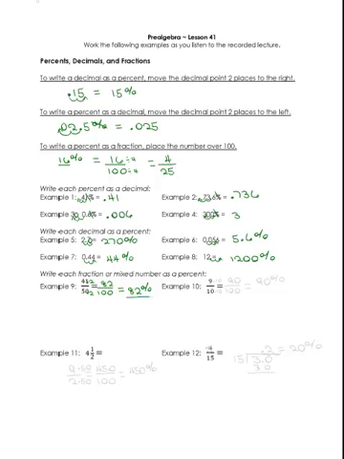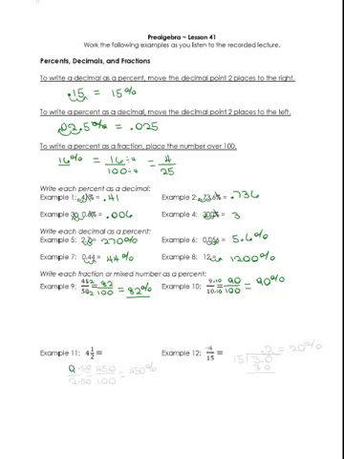Let's try number 10. Can I easily get the denominator to 100? This time it would be 10 times 10, so 9 times 10 would give me 90 over 100. As a percentage, that's 90%. Example number 11 says 4 1/2, and I'm going to change that to an improper fraction. 4 times 2 is 8 plus 1.